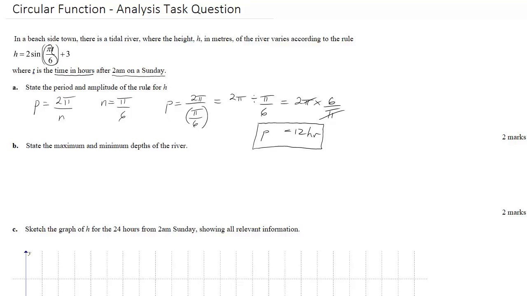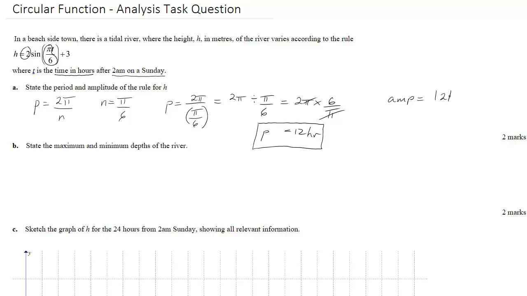Now, the next thing you have to do is state the amplitude. So the amplitude is the number in front of your trigonometric function, which in this case is 2. So the amplitude is equal to 2.